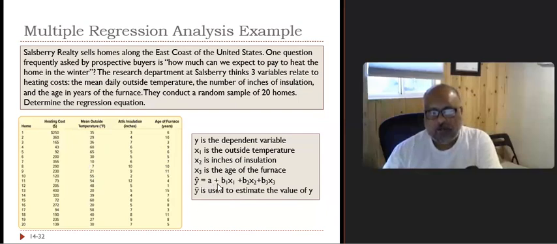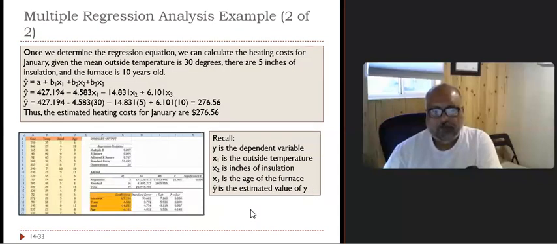So y hat is equal to a plus b1 x1 plus b2 x2 plus b3 x3. Okay, so now our model is all set. So we can now use this data to see what we can find.